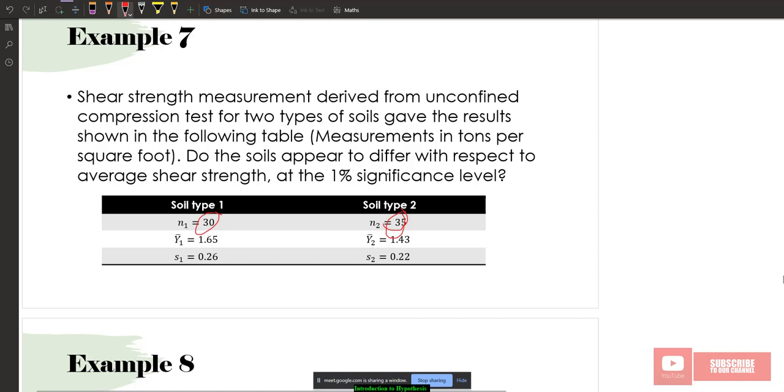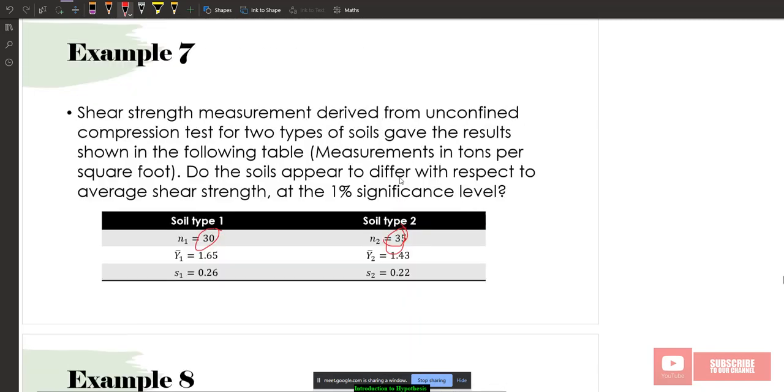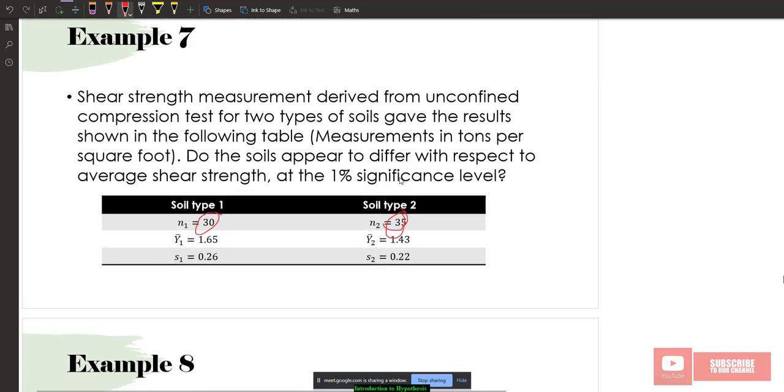No need to think much. So when the population variance is unknown and the sample size is more than 30, we use the Z distribution. When the sample size is less than 30, use the T distribution. That's a very simple rule.